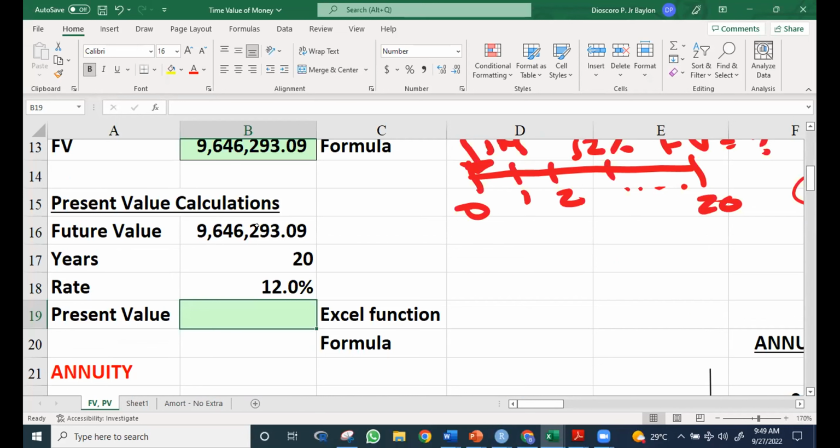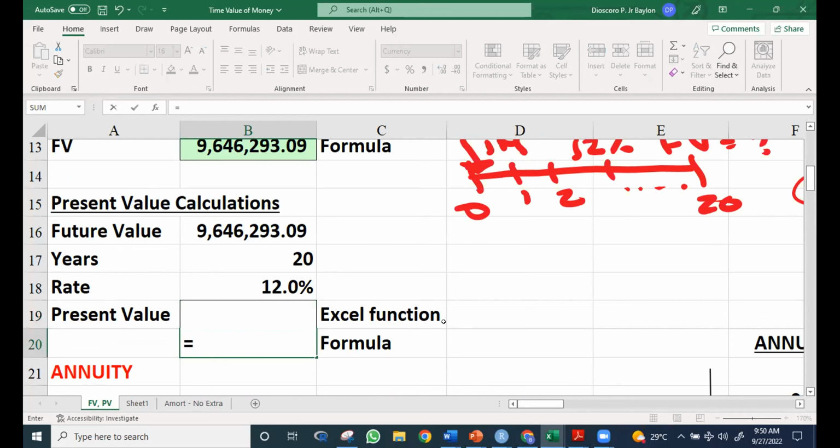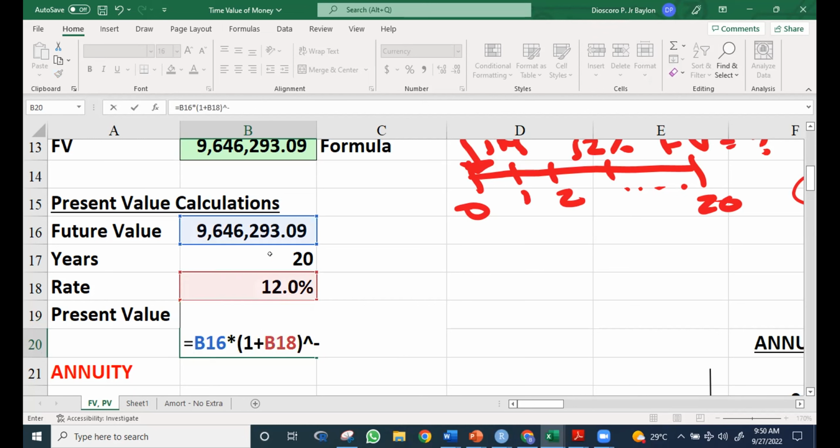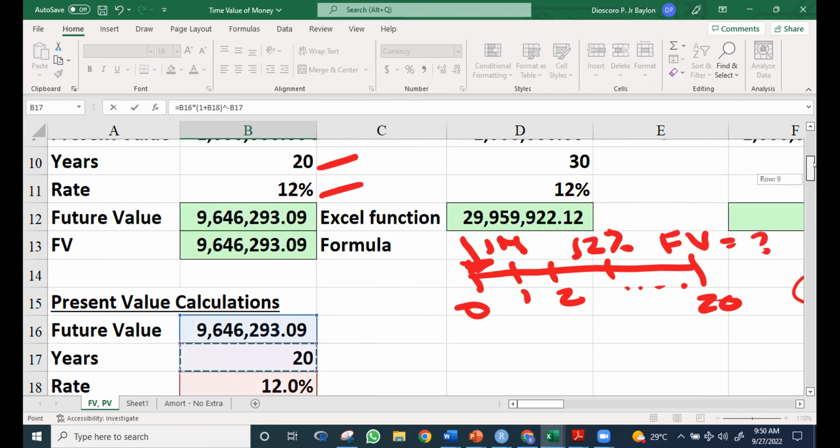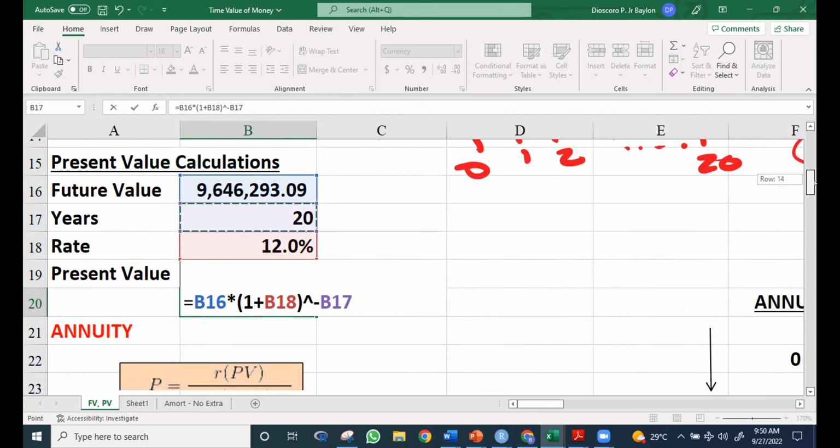So this time, to compute for the present value, we are actually discounting. And since this is just a review, let's use the formula first. For the discounting, you have your future value, and then you multiply it by the discount factor, 1 plus your rate, raised to the negative t, negative t, 20 years.